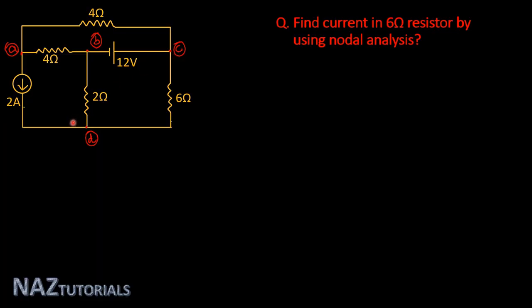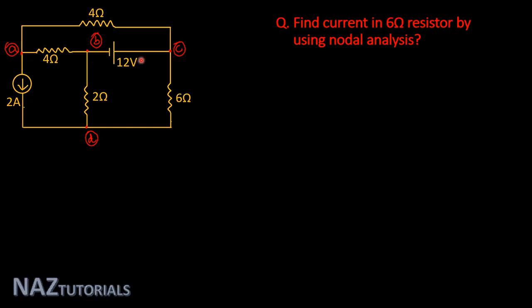So here, if you select D node as a reference node, then we have three unknown node voltages A, B, and C, and our circuit solution will be lengthier if you select node D or node A as a reference node.